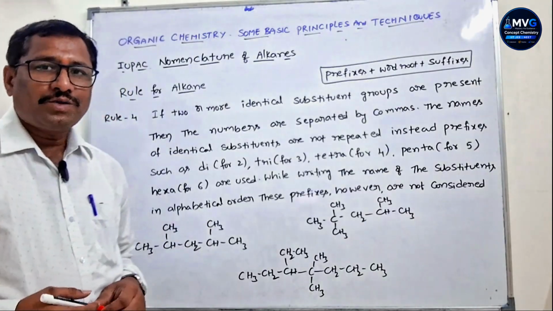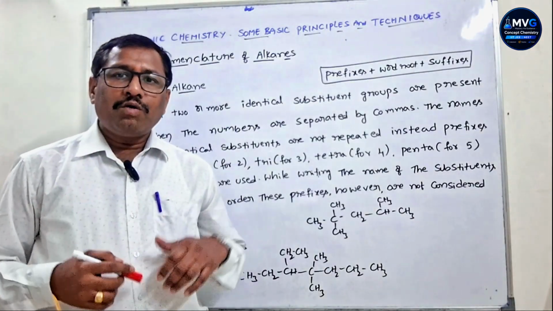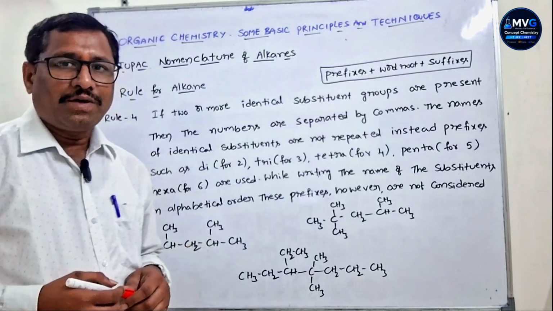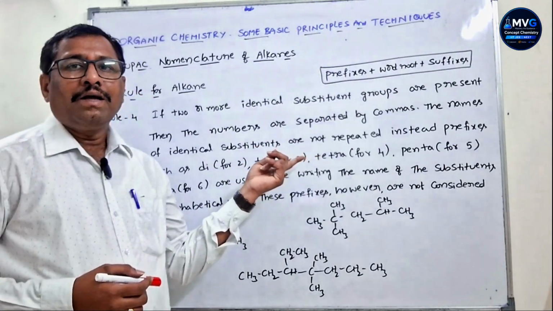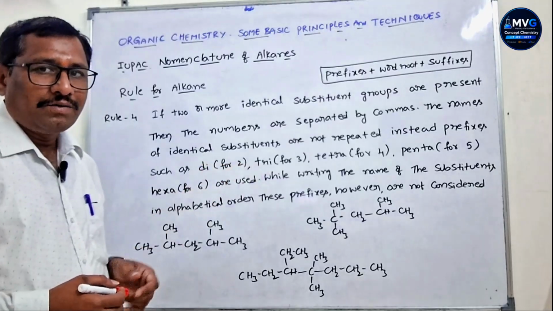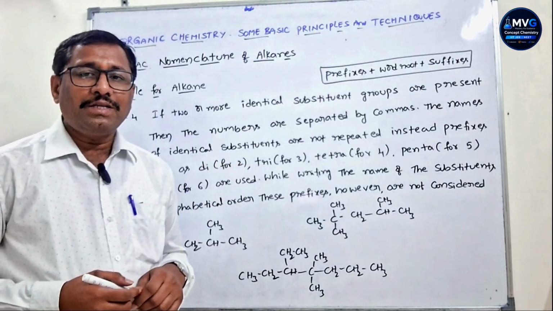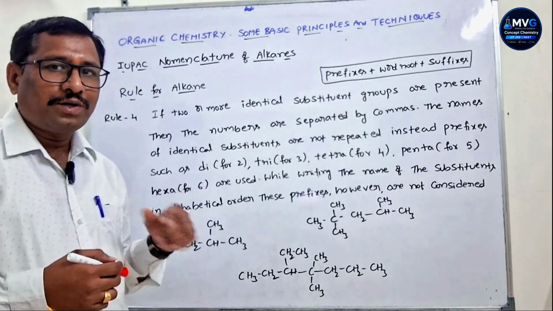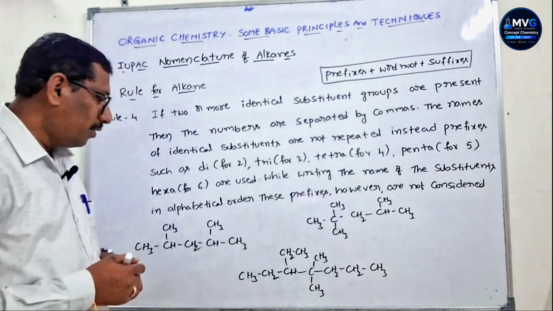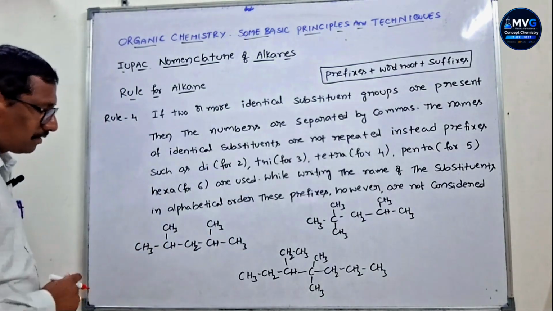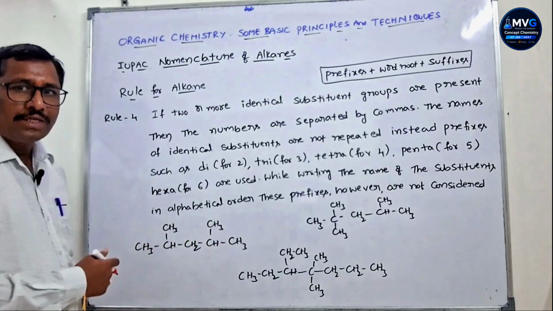Next, rule number 4, students. Here, more than one substituent is there. Numerical prefixes di, tri, tetra, penta, hexa, like that numerical prefixes we will use, students. But these numerical prefixes, while you are writing the name, we will not consider in alphabetical order, students. Now, for example, here this compound is there, students. Numbering from this side or this side, both sides are the same.